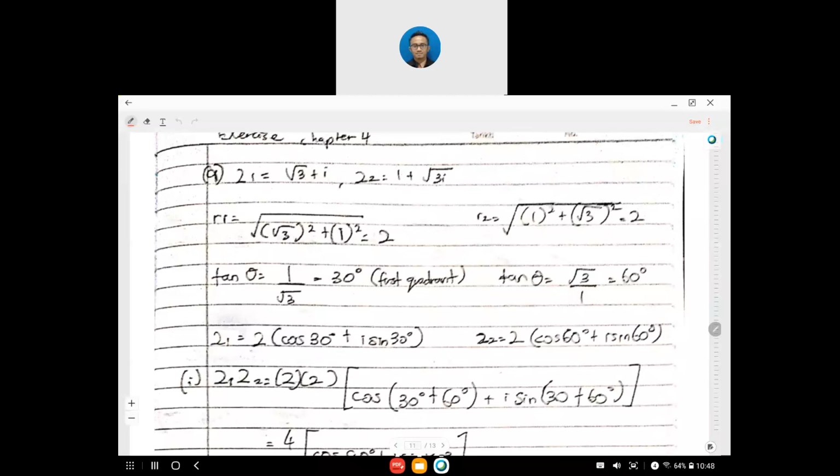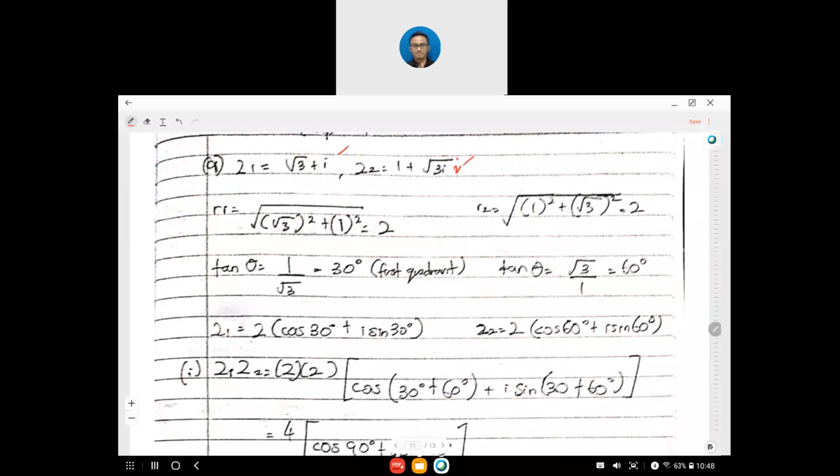Z1 equal to root 3 plus i. Z2 equal to 1 plus root 3 i. I tu duduk kat luar ya, bukan duduk dalam. Okay. And then you need to find Z1 times Z2, convert to polar form first.